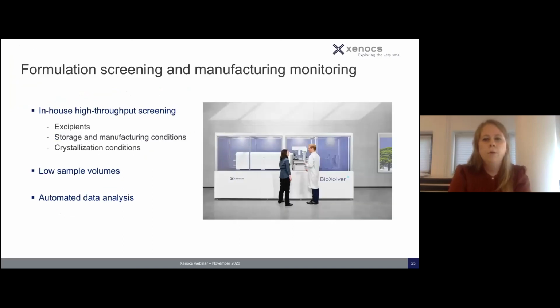Our biosolver instrument is developed in collaboration with academia and industry to bring all of these features that we've just discussed to your laboratory.